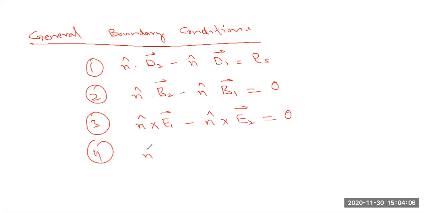And fourth one is n cross H1 minus n cross H2 is equal to Js.